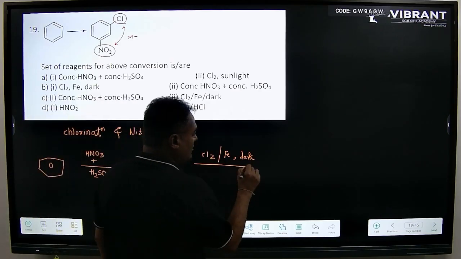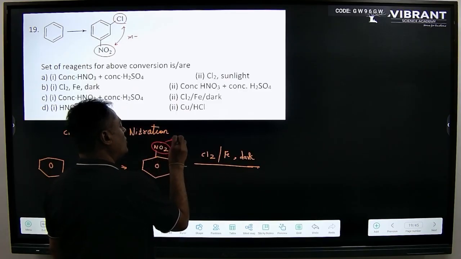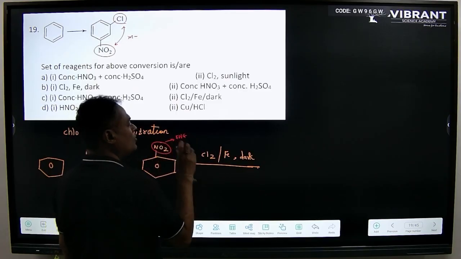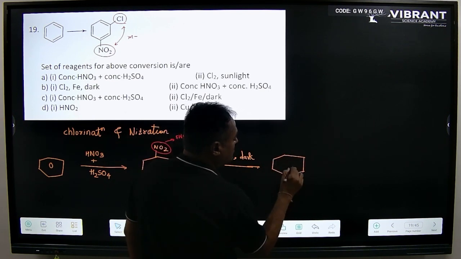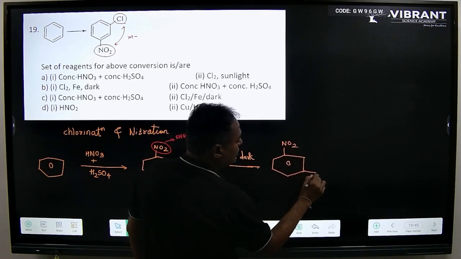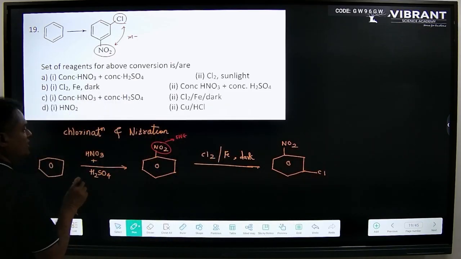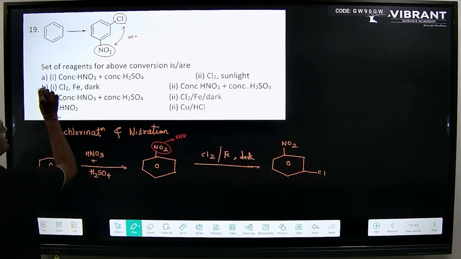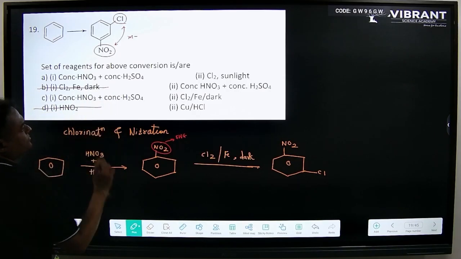So here, nitro is an electron withdrawing group, and a withdrawing group always gives the meta product only. The incoming group will occupy the meta position, which gives our answer as meta. So nitration has to be done first. That means this is not possible, and this is also not possible.